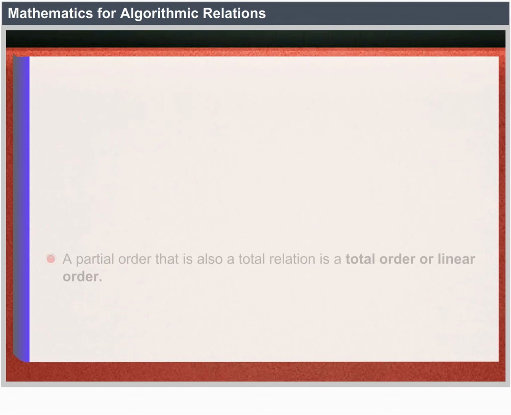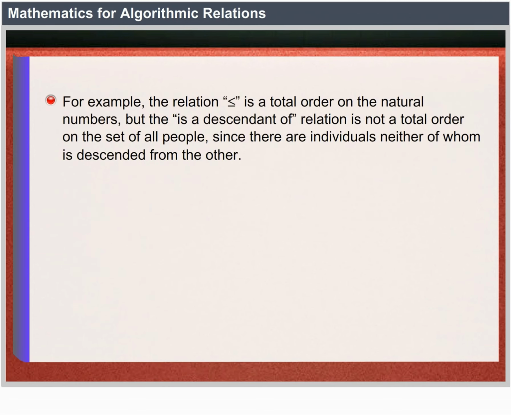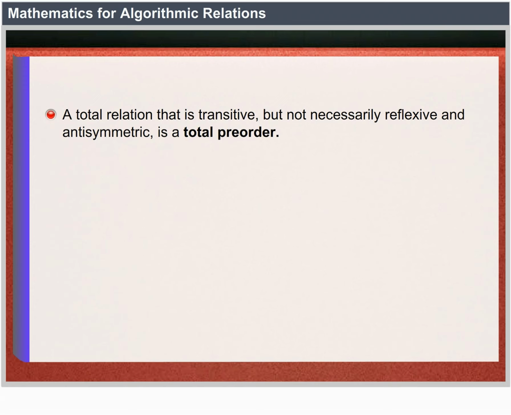For example, the relation less than or equal to is a total order on the natural numbers, but the is a descendant of relation is not a total order on the set of all people, since there are individuals neither of whom is descended from the other. A total relation that is transitive but not necessarily reflexive and antisymmetric is a total preorder.